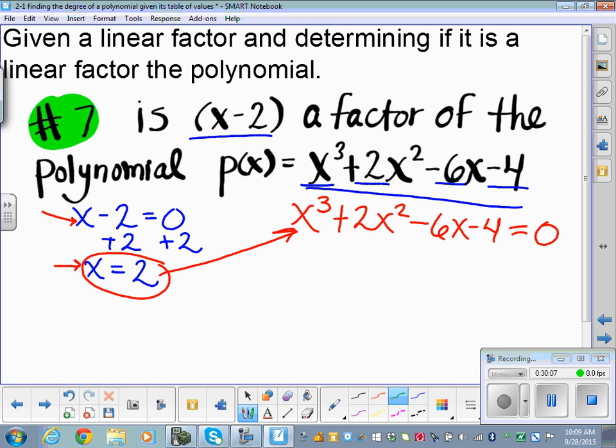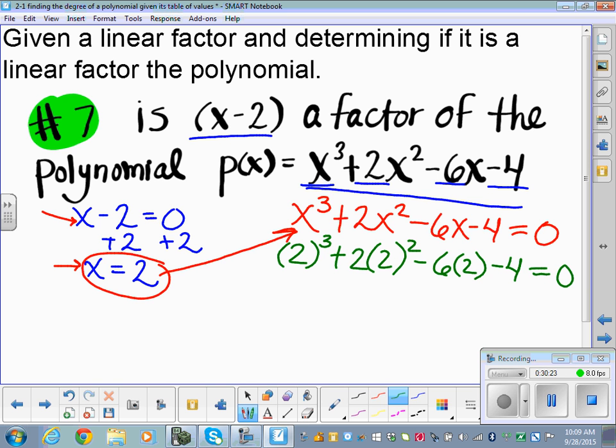So we're plugging in 2 for x. So we're going to have 2 cubed plus 2 times 2 squared. Does everybody see that I'm plugging in 2? Minus 6 times 2 minus 4. That better be equal to 0. So let's check and see if that's true. So 2 cubed is 8.